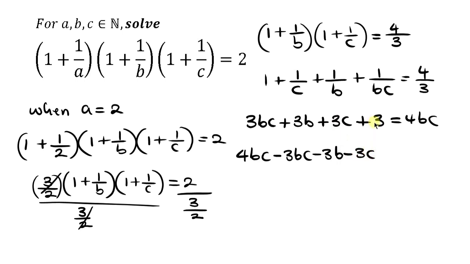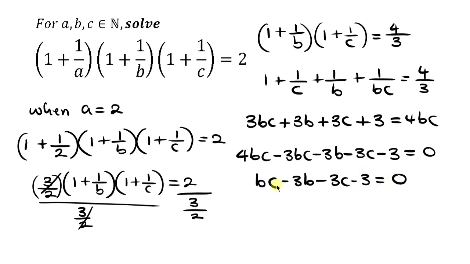And when I move 3 to the right, it becomes minus 3. And this is equal to 0. Simplifying further, 4BC minus 3BC is BC, minus 3B, minus 3C, minus 3 equal to 0.